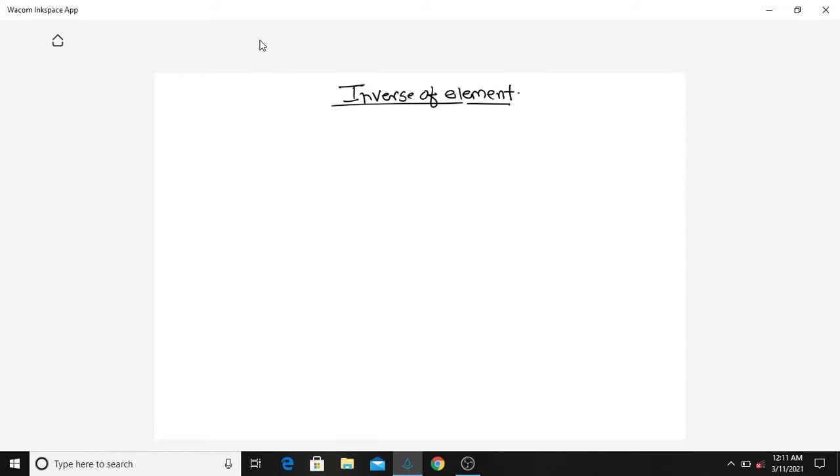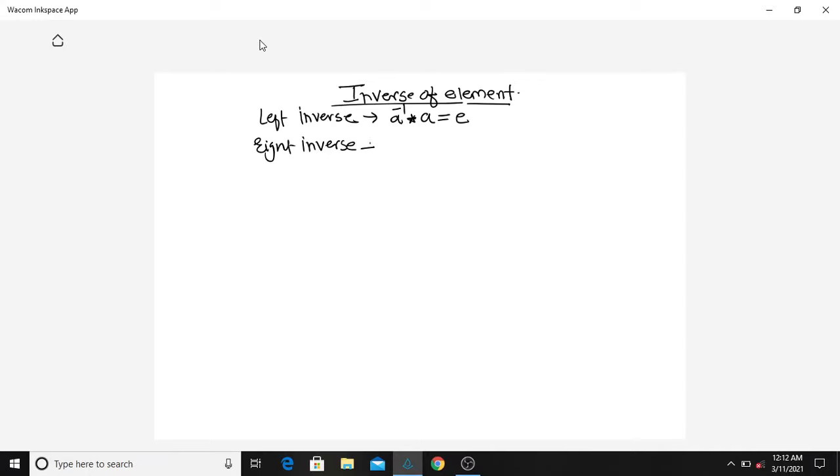So next is inverse of an element. Similar to identity element, for inverse we need to have left inverse as well as right inverse. Left inverse is defined as: if A is the element, star is the binary operation, and its inverse is A inverse, then A inverse star A should be equal to E, where E is your identity element.